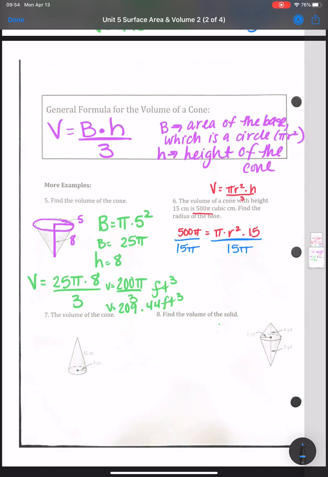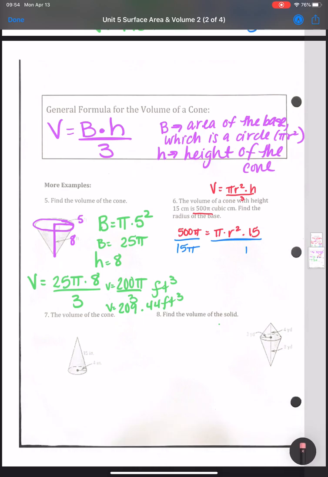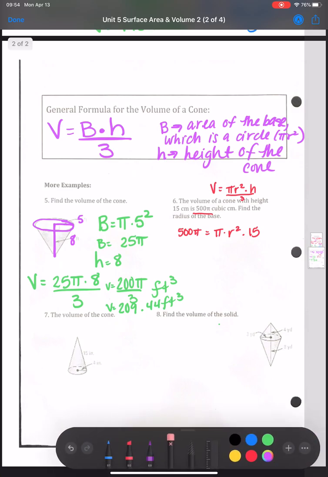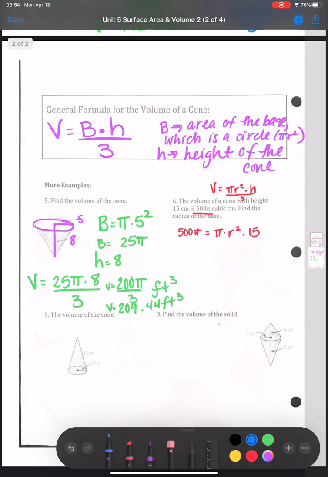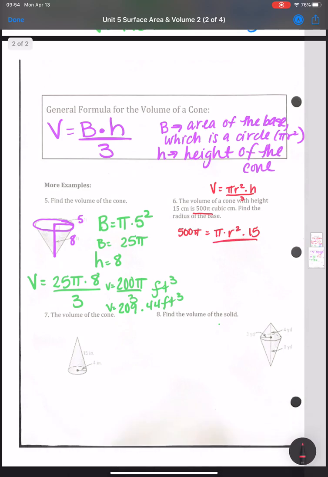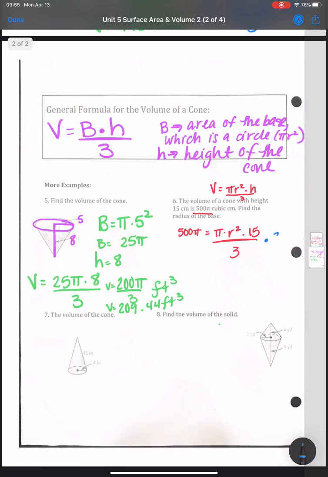Oh, whoops, I forgot to divide by 3. That's really important. Divided by 3. So the first thing we want to do is to undo this dividing by 3. So let's multiply both sides by 3.